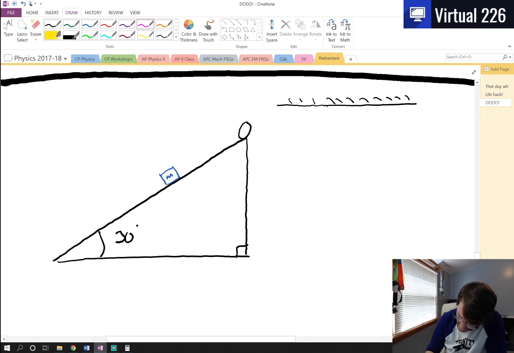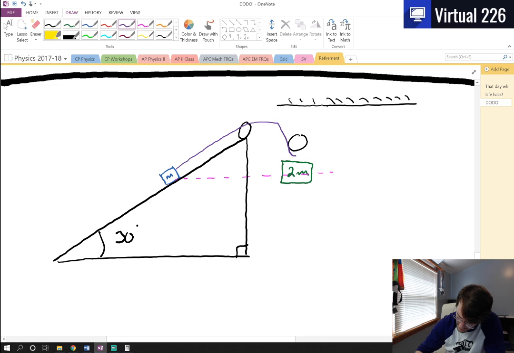Am I assuming that these are the same height whenever I draw this? Am I assuming that's true?